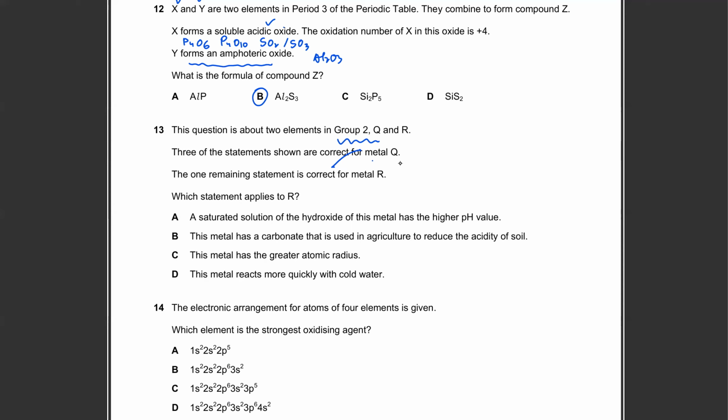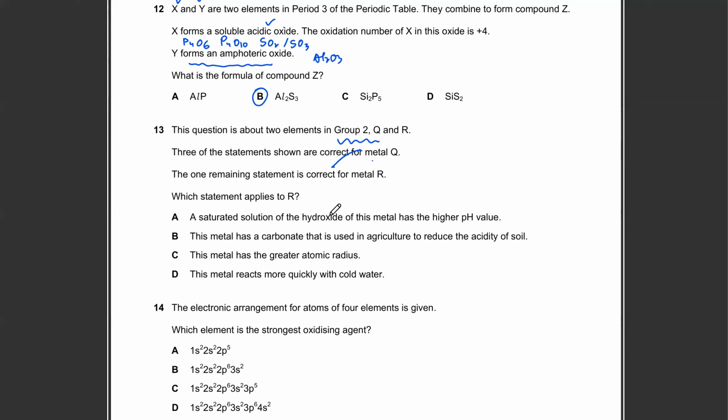So three statements are true for Q, but one for R. Is it B?